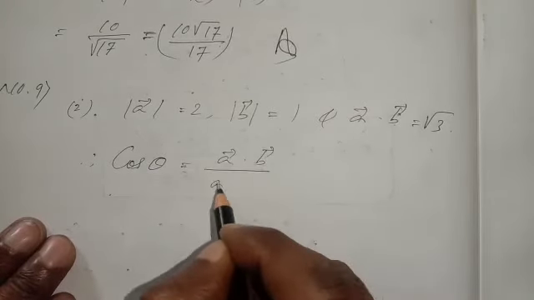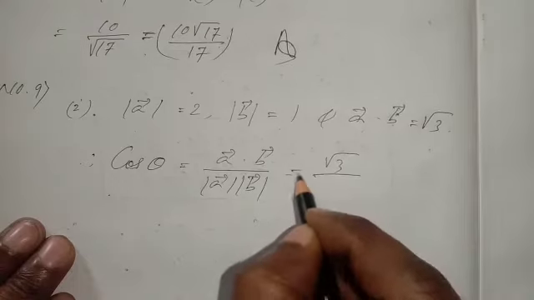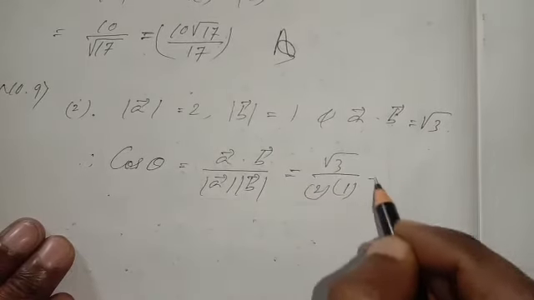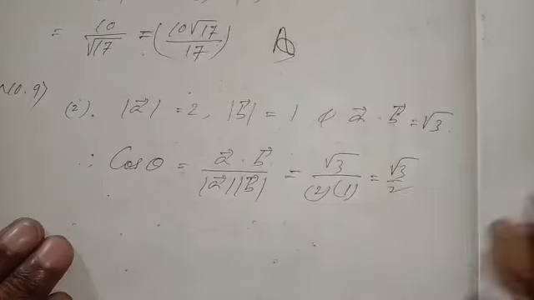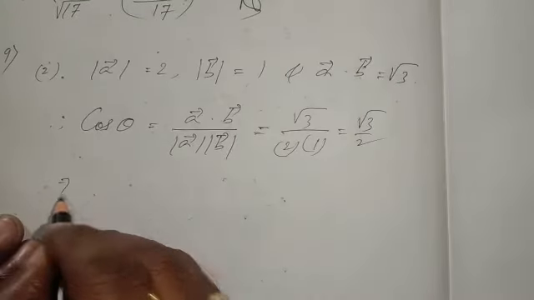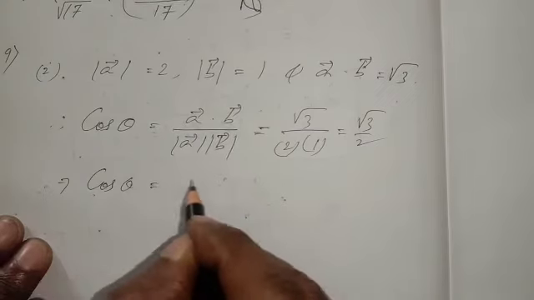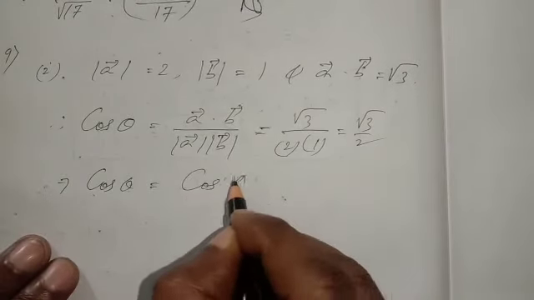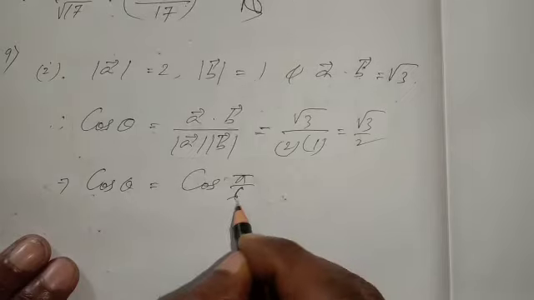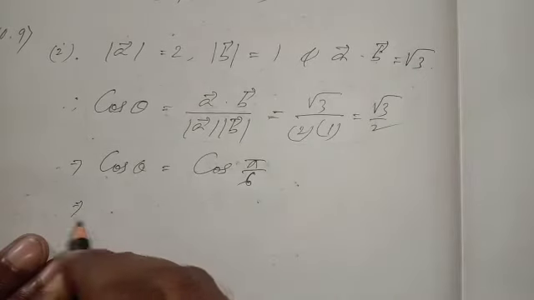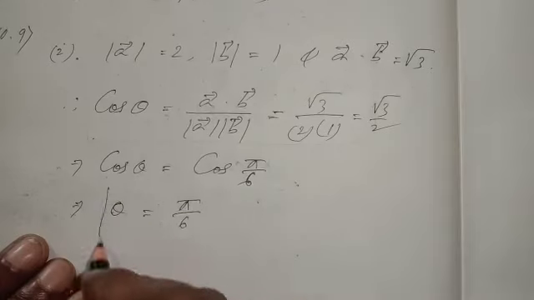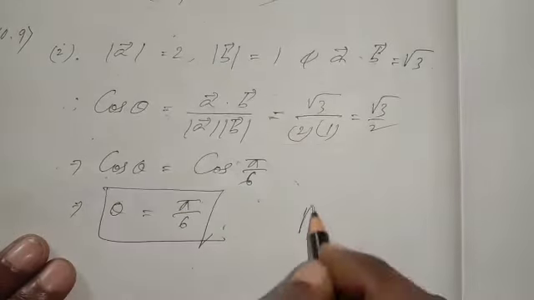A dot B is root 3, A is 2 and B is 1, so root 3 by 2. How much is root 3 by 2? That is cos 30 degree, which means pi by 6. Therefore, the angle between vectors A and B will be pi by 6, 30 degree. This is the answer of the first part.